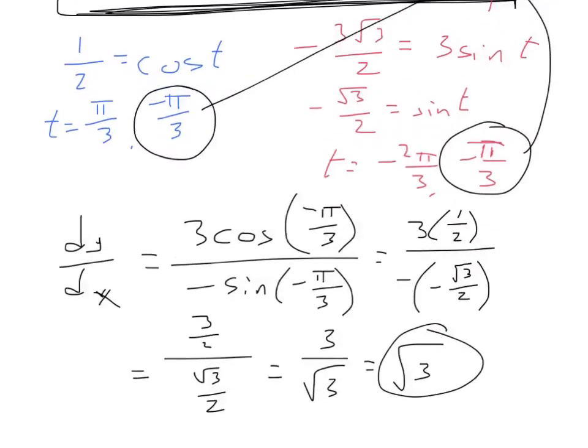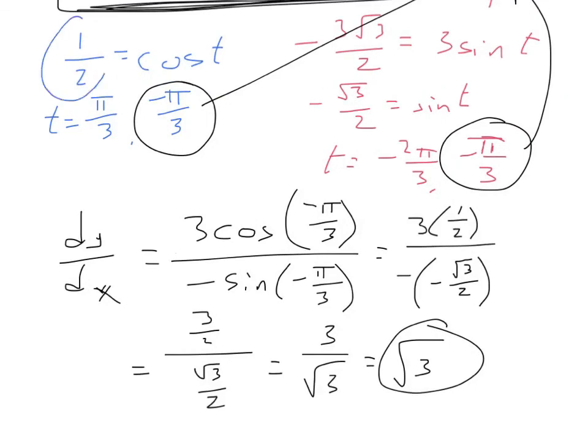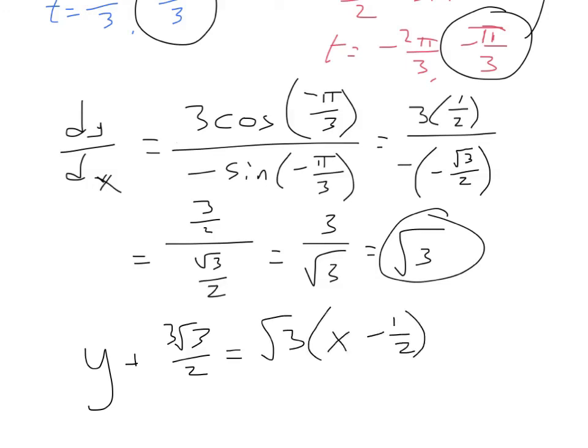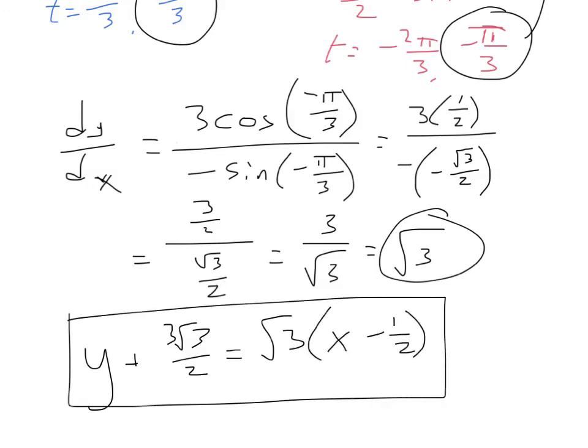If we remember from back up here, we had the x and y coordinates of the point of tangency, and so now all I have to do is write the equation. Using our old friend point-slope form, we'll have y plus 3 root 3 over 2, that was y minus the y coordinate of the point, and then x minus 1/2, and this is going to be the equation of our tangent line.